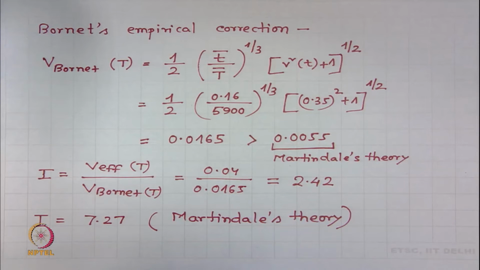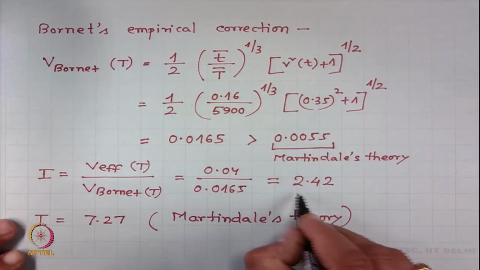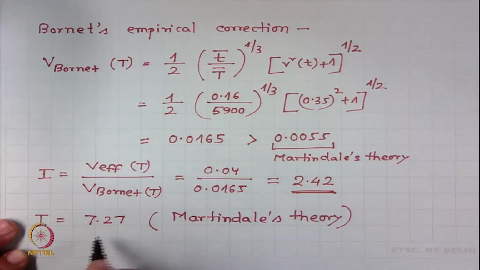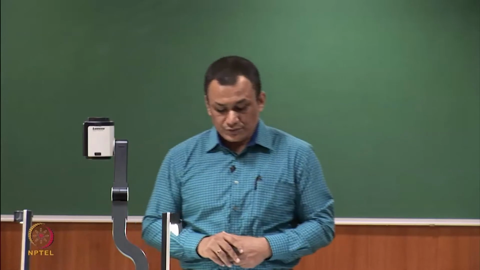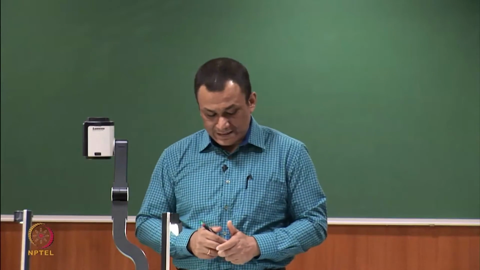So, index of irregularity is remarkably less, we found using Bornet's theory, 2.42, and here it is 7.27, right. So, this was the solution of problem number 8.